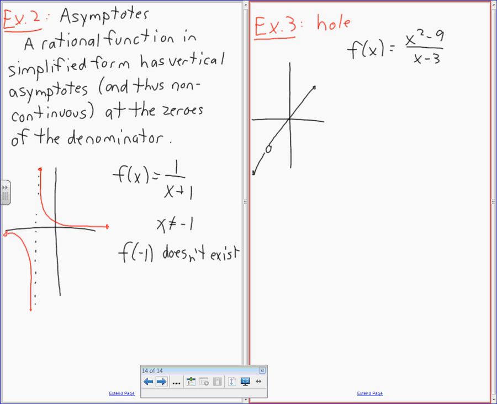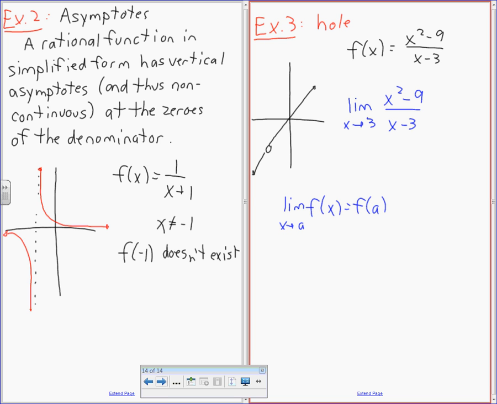Now for the reason that is, we can look for this. What I'm basically checking for here is if the limit as x approaches a of f of x equals f of a.